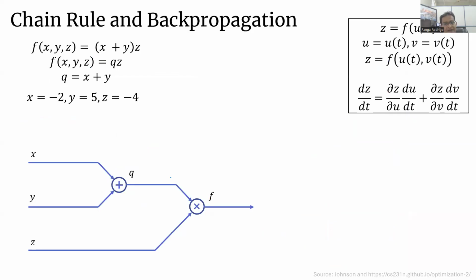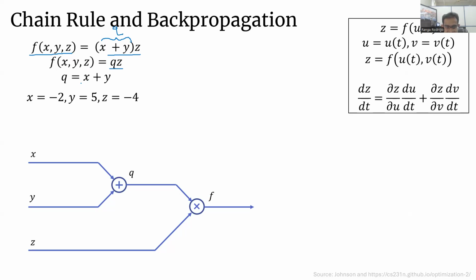Okay, so this is the function that we want to use for backpropagation. f(x, y, z) = (x + y) times z. So first, let's take x plus y as q. Therefore, f(x, y, z) is equal to q z.